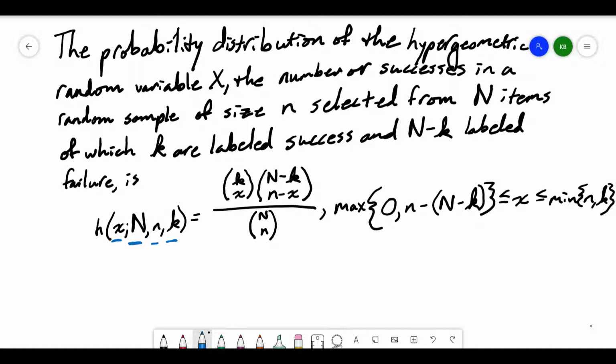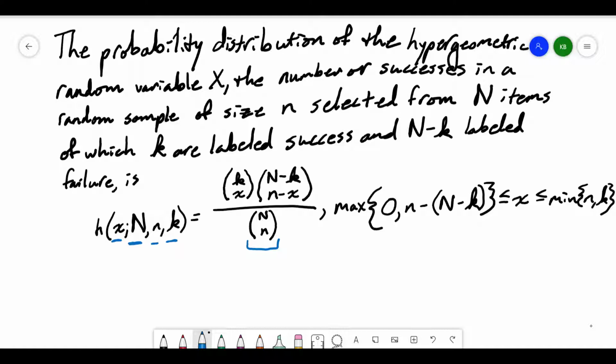The way I do this is like a general probability idea. I'm going to be choosing for my denominator the total possible ways that I can choose a sample size of lowercase n from a population size of capital N. So that's all the possible ways that I can choose this sample. That's my denominator.